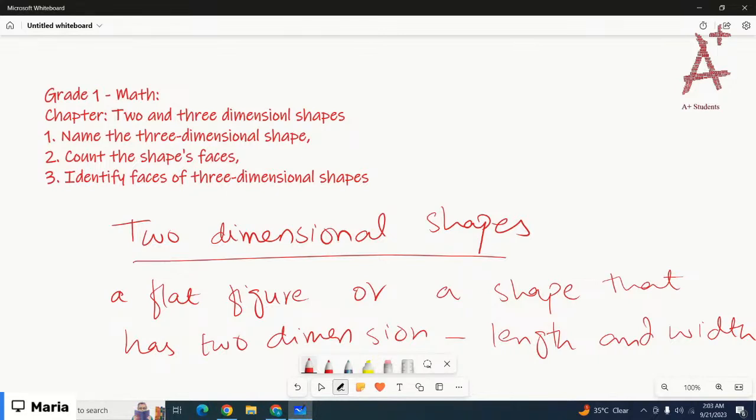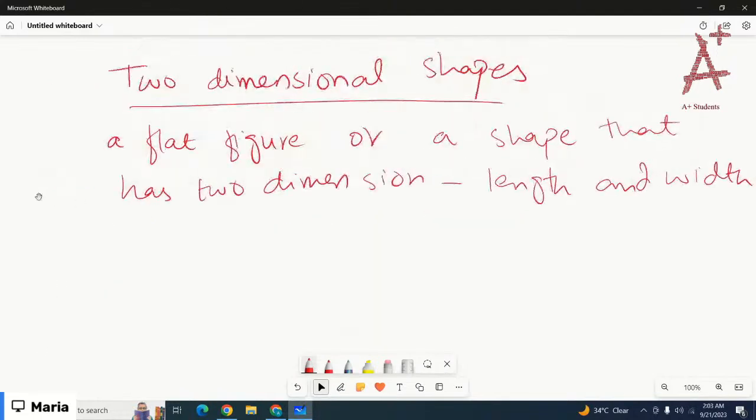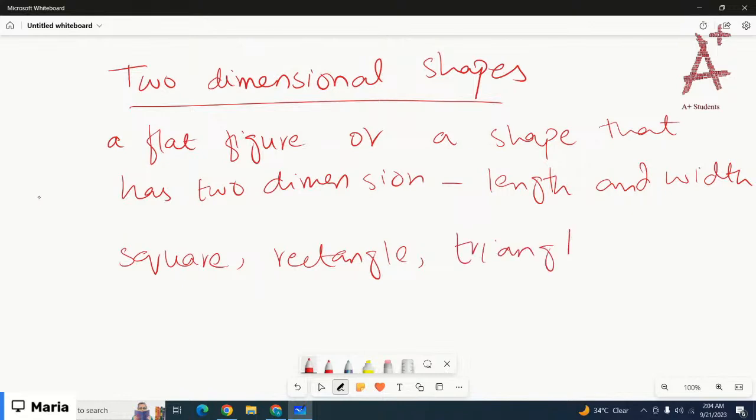So you can just write down the name of any two-dimensional shape. It could be any shape, for example a square, a triangle, a rectangle. They all have just two dimensions, right? They all are two-dimensional shapes.